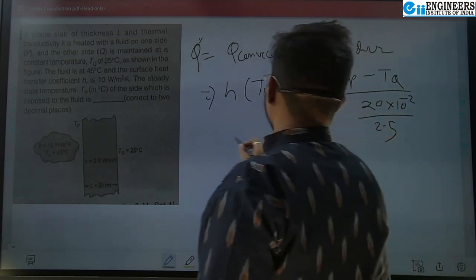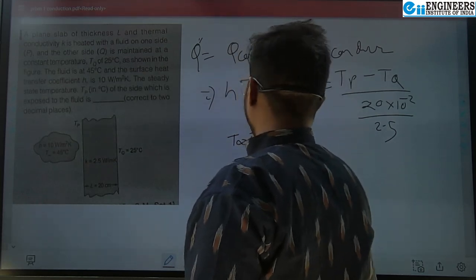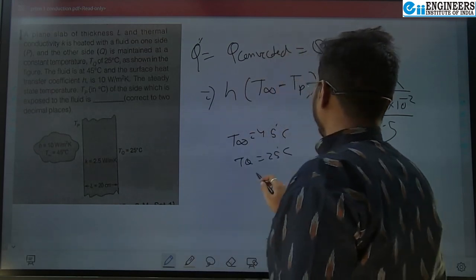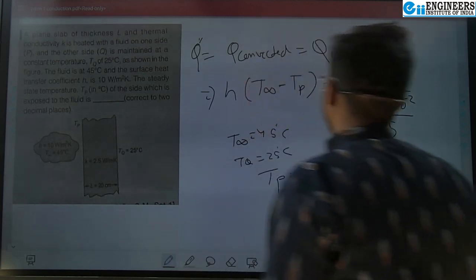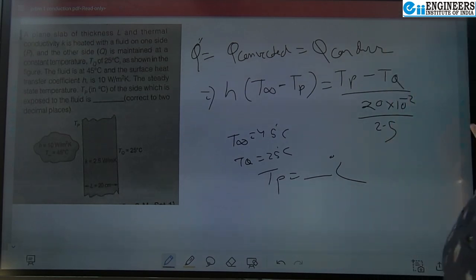So here T infinity is given to be 45 degrees, Tq is equal to 25 degrees Celsius. Then you can calculate the value of Tp, which is dash degrees Celsius. Try to solve this question.